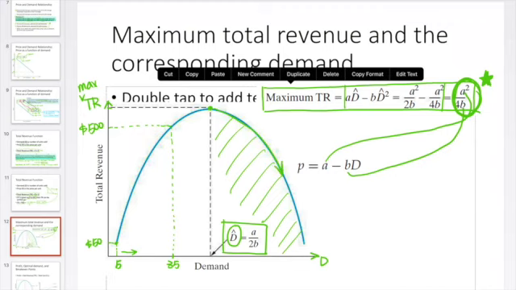Why is the line going down like this? Why don't we just sell more and more and more? Because the total revenue will decrease after the maximum total revenue point. But why do we have this?